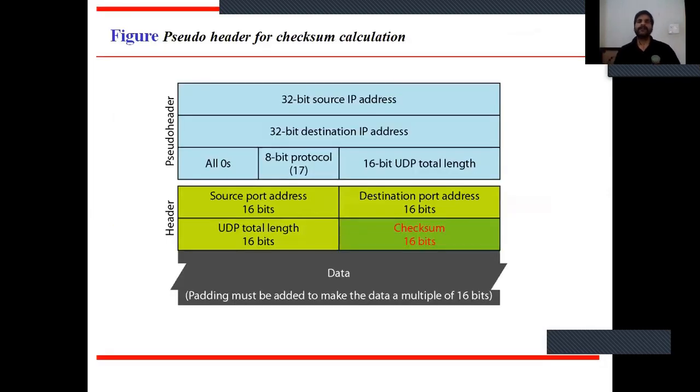There is also a pseudo header for checksum calculation. The pseudo header means 32-bit source IP address, 32-bit destination IP address, all zeros, 8-bit protocol 17, and 16-bit UDP total length. Then the source port address, destination port address, 16-bit UDP total length, 16-bit checksum, and data. Padding must be added to make the data a multiple of 16 bits.